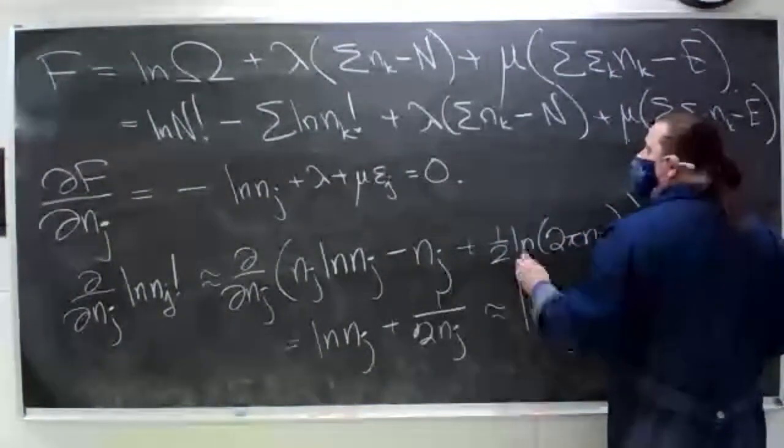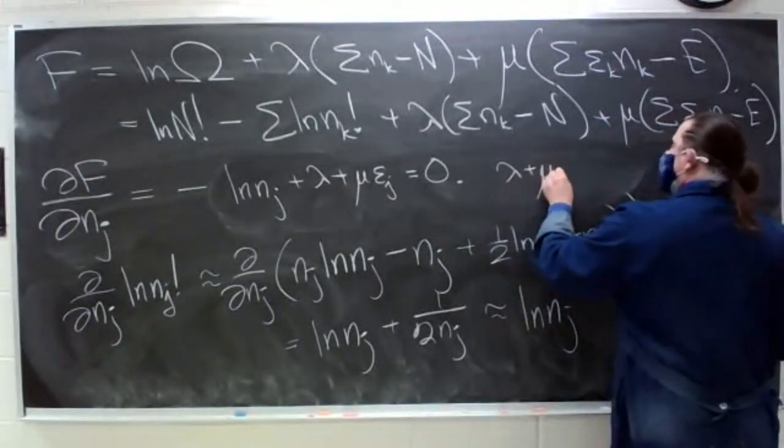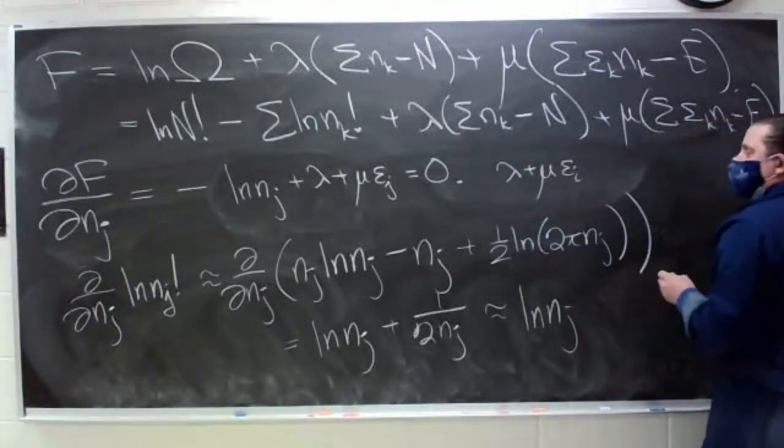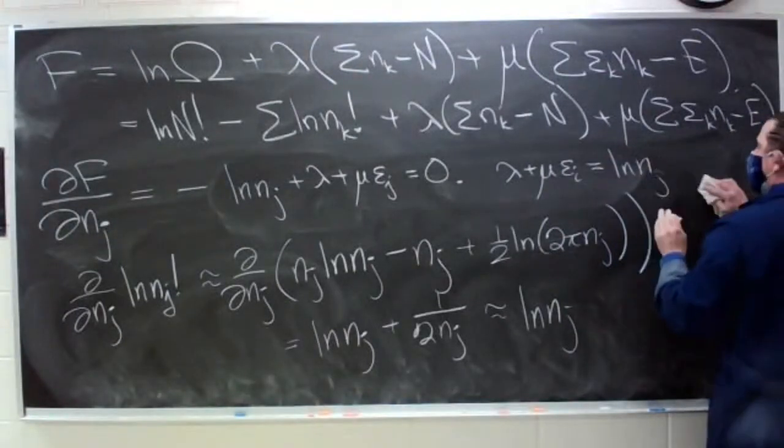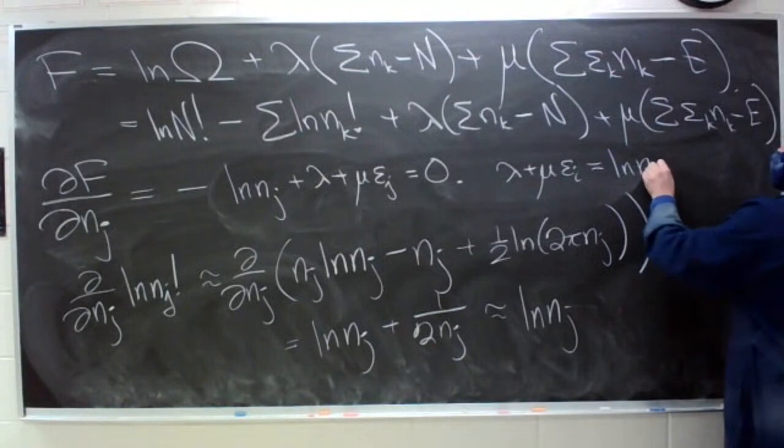So I have lambda plus mu epsilon i is equal to the natural log of ni.